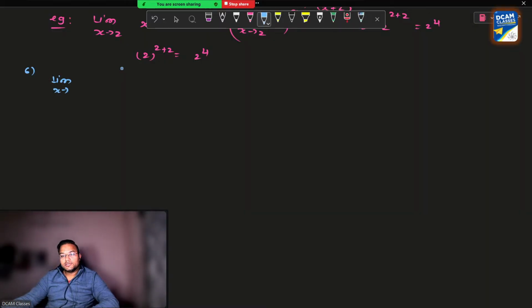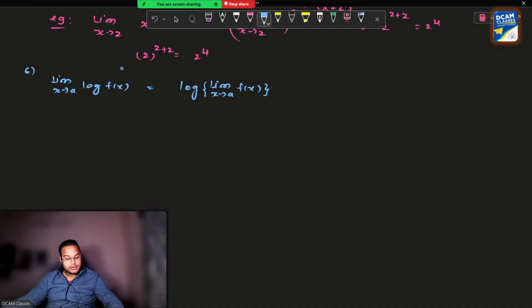Limit x tending to a of log of f of x is log of limit x tending to a of f of x, meaning the limit comes inside, the limit even goes inside the log function and applies individually to the function, not a problem. Okay, sir. No one can stop limits, they can go anywhere and apply to any function.